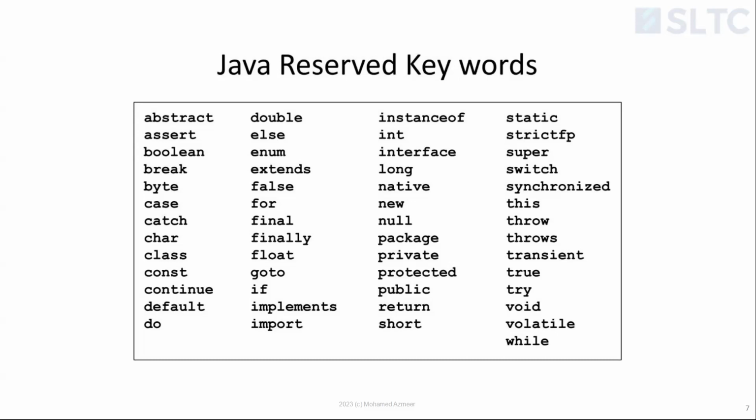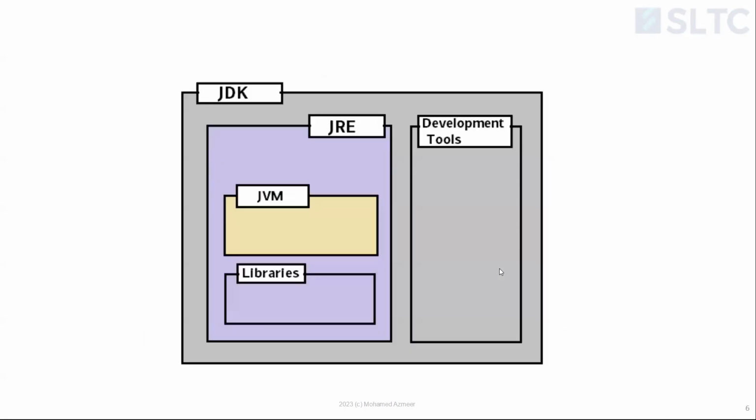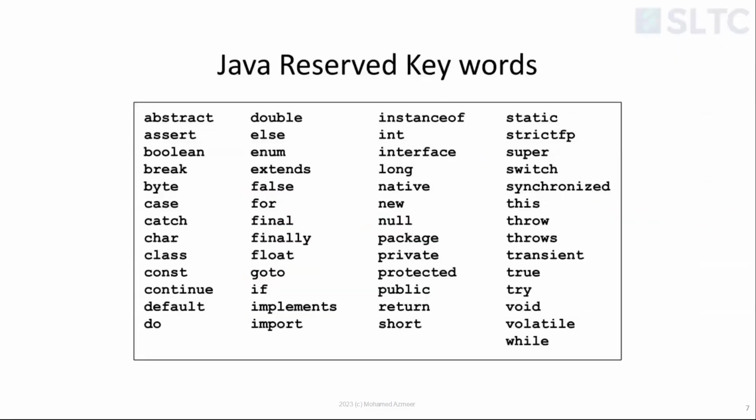And for decision making, we have a word called if, right? There is also something called else. Apart from that, you don't see anything to output or input, because they all come from libraries. So what you're seeing here is the absolute minimum words from Java.